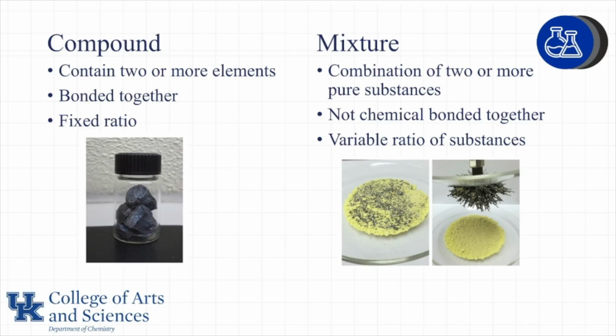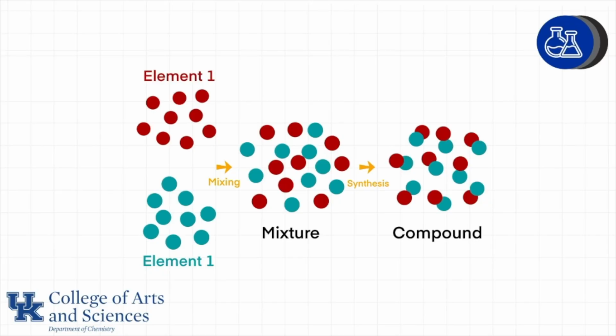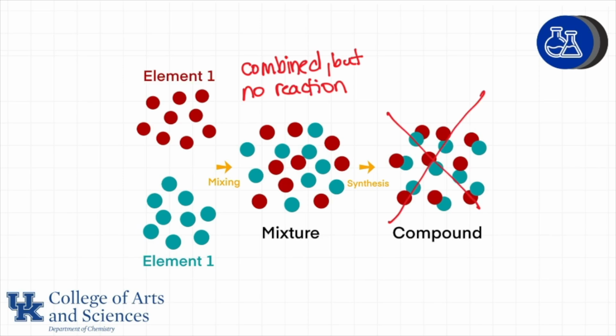They do not react chemically, they do not form a new compound, they're just combined together. And they can be separated as well. So a mixture is combined but not reacted. When we're looking at mixtures, we're not forming compounds. We're looking at both substances retaining their identity in the shared container.